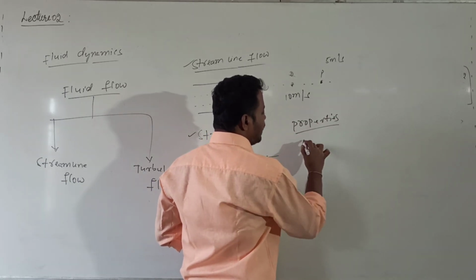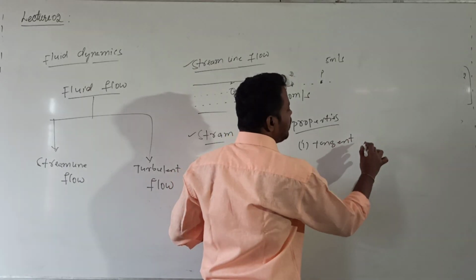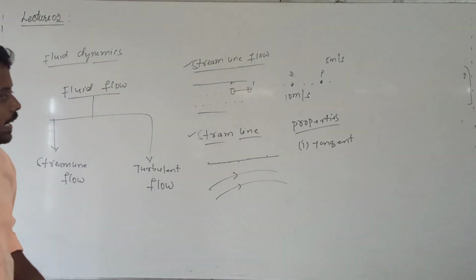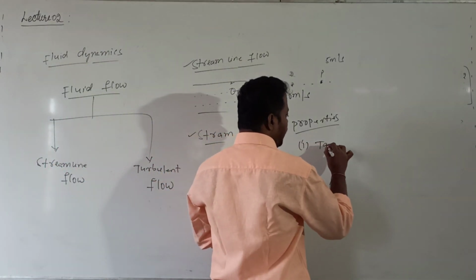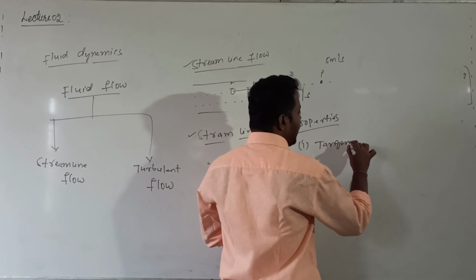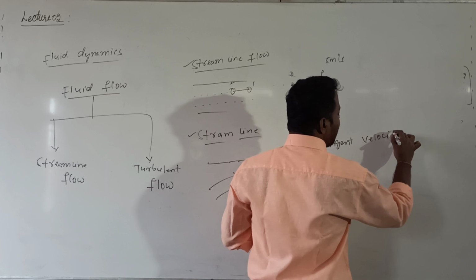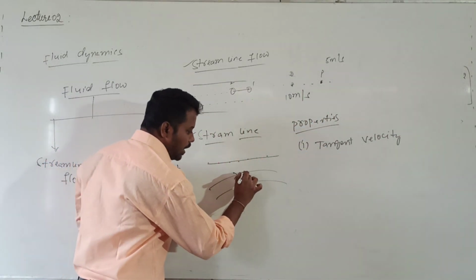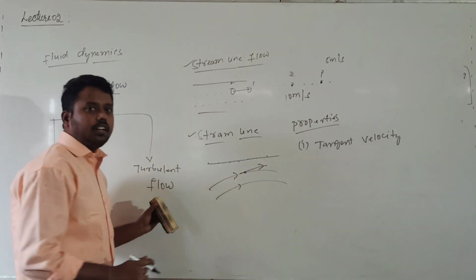The first one, a very important property: the tangent drawn to the streamline at a given point gives the direction of velocity at that point. For example, this is one streamline. If I want to find the direction of velocity at this point, I need to draw a tangent.